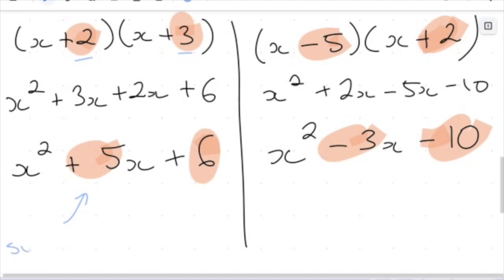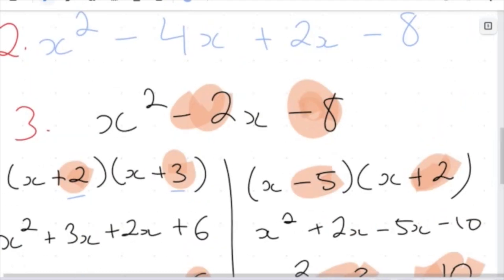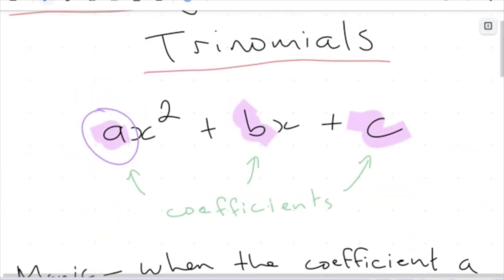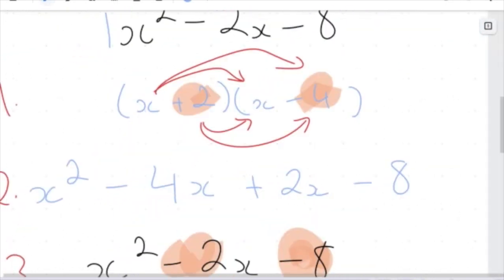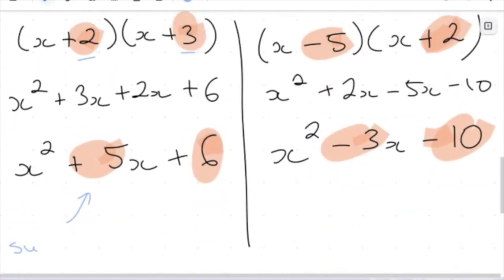So this coefficient in front of x, this b, if we look up here in our general layout of these quadratic trinomials, my coefficient b ends up being the sum of the two integers, or just the two numbers in my binomial product.